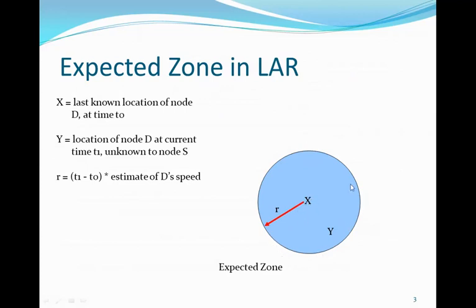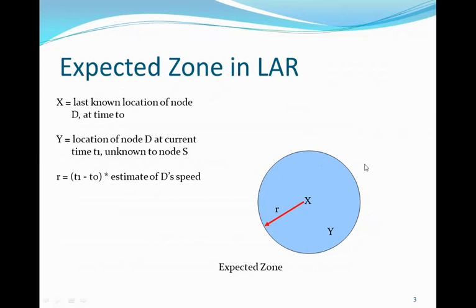Here you can see we have a circular range or zone for node X, and for our destination node, it is drawn from node X. So this is the radius of this circle, and now we will flood, we will broadcast the request for the route toward the destination node in this defined region.